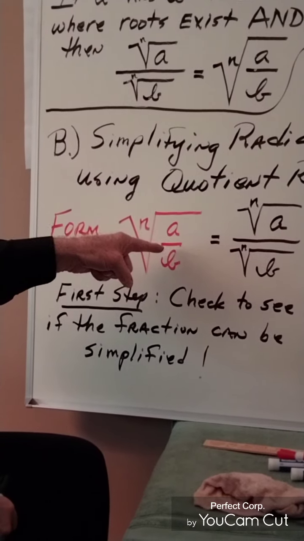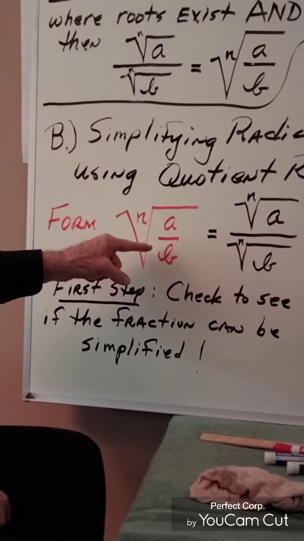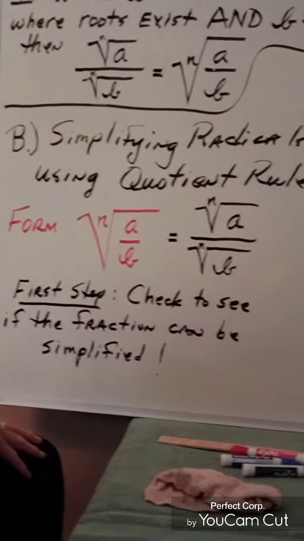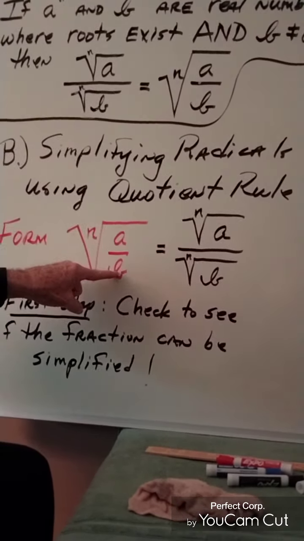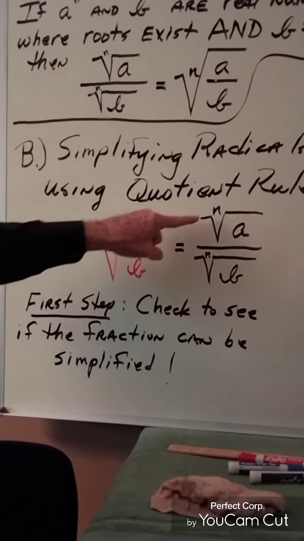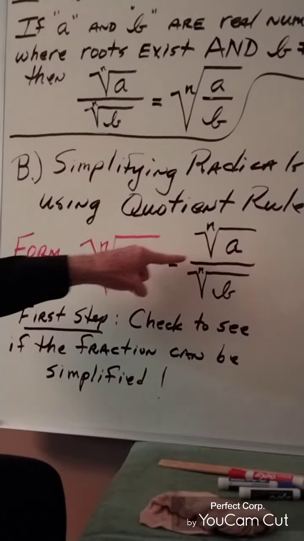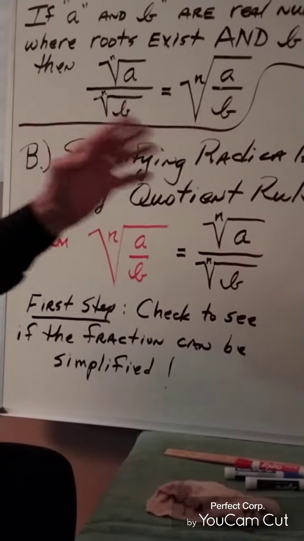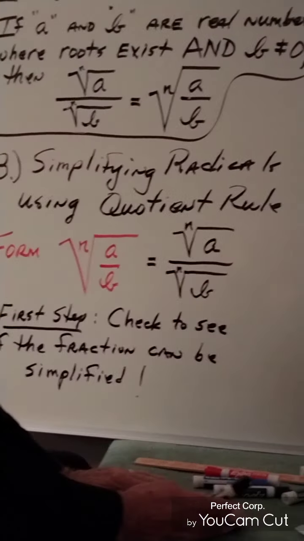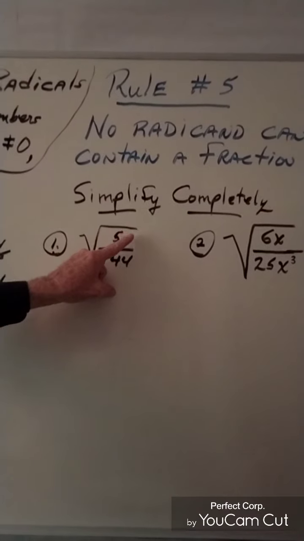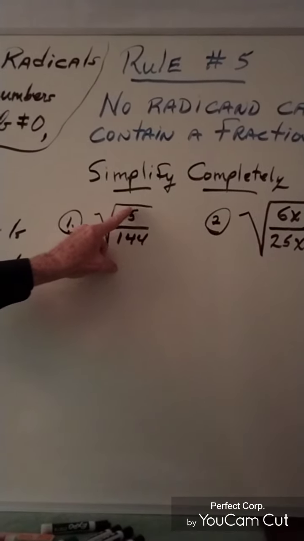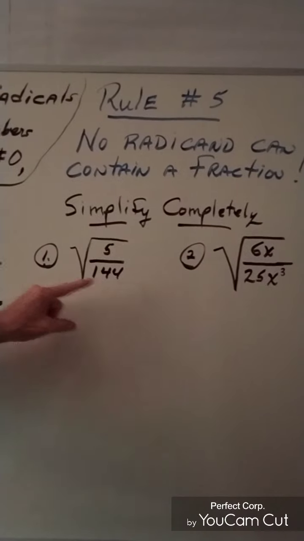So what do we have to do with him so we're not breaking that rule? We have to split him up. The nth root of a divided by b is equal to the nth root of a divided by the nth root of b. And that's what we're going to have to do in order to simplify when we see a fraction in the radicand.